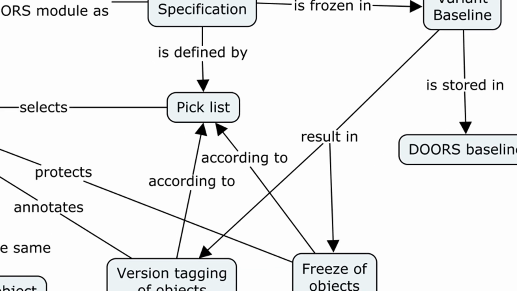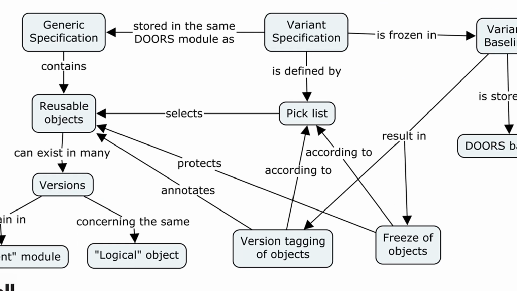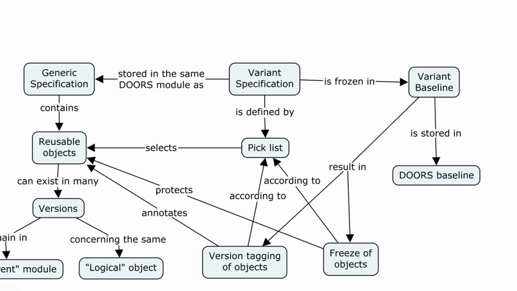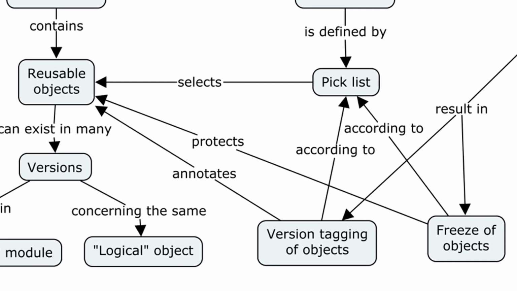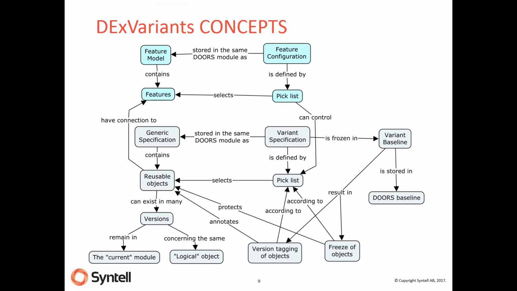But before the baseline is stored, all objects selected by the pick list are given a version tagging, marking them as included in the new variant baseline. Also, the objects are tagged as frozen, and frozen objects are protected from update by means of a trigger. A result of the pick list approach is that each object becomes a variation point. This may not always be desirable.